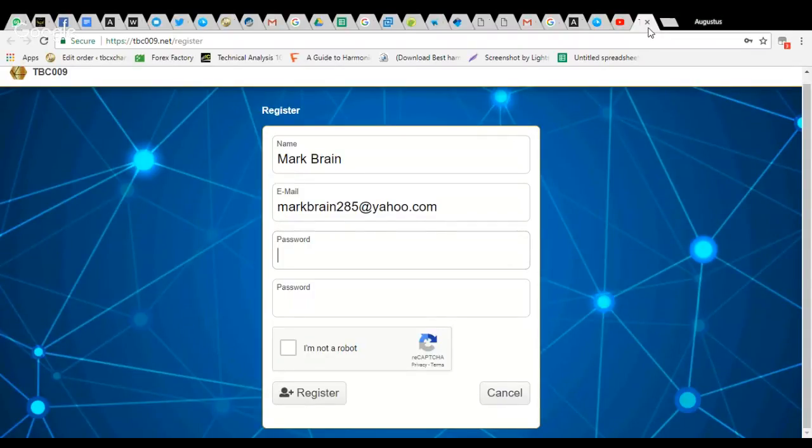I think the network is very slow. Wait for it to load, and then we can click the register button. Okay. Still have the same issue here again with the captcha.